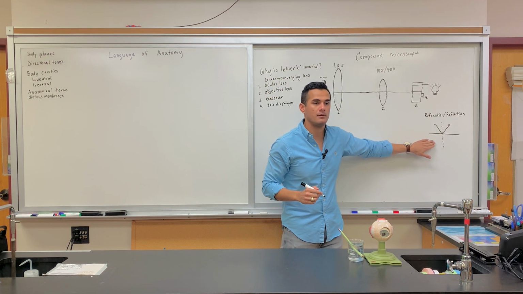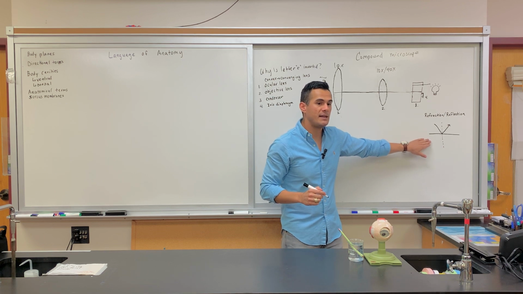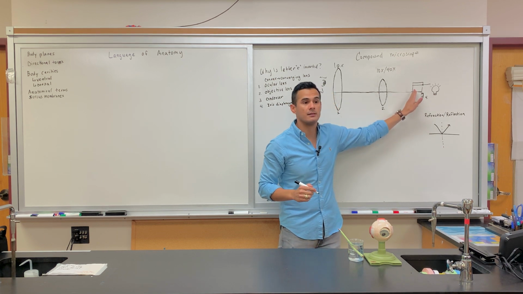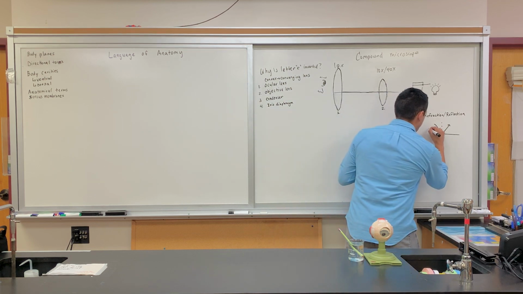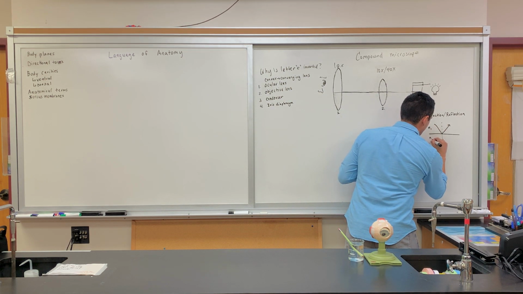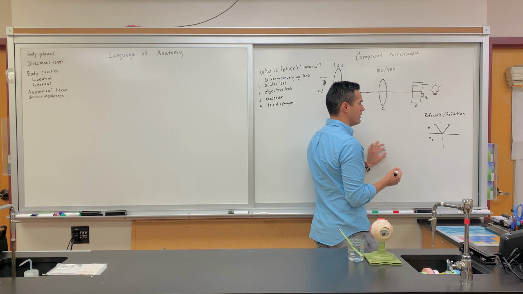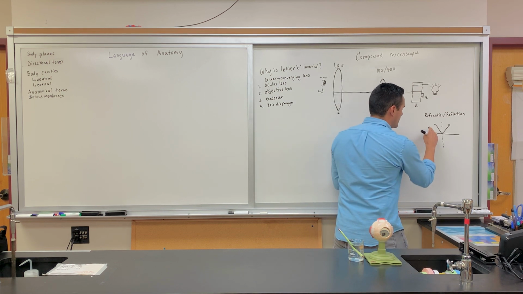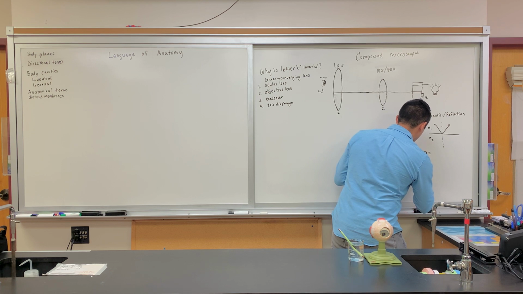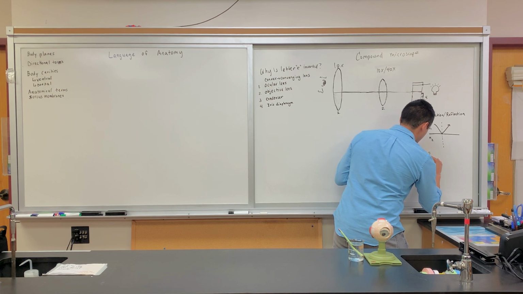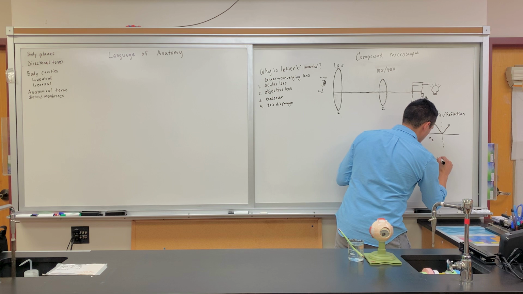Okay, so this is what a medium is. So the medium in this case would be the lens of the condenser. So the condenser is also a convex lens. Okay, so what I'm going to represent, so this will be N1 and this will be N2. Okay, and what this stands for is the index of refraction.